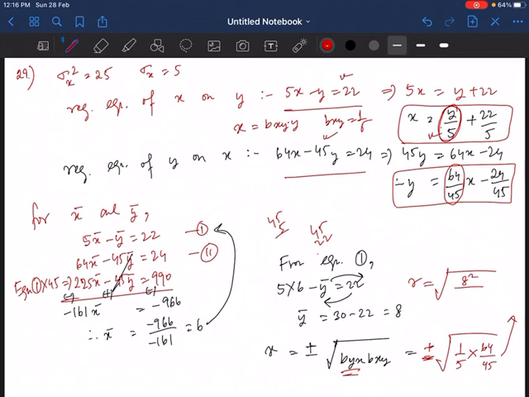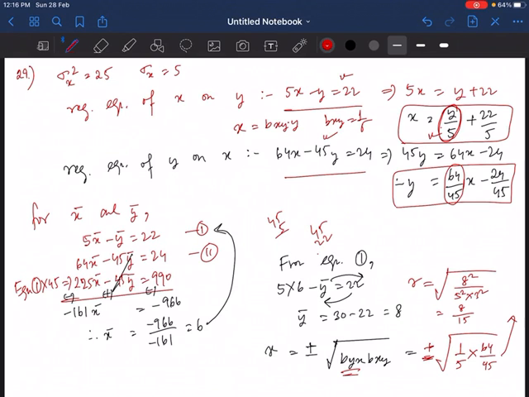And 45, 5 nines are 45, so I can write it as 5 square into 9, that is 5 square into 3 square. So we can take all the squares out. It becomes 8 divided by 5 into 3, which is 15. So r is 8 by 15, and what does that value come out to be?